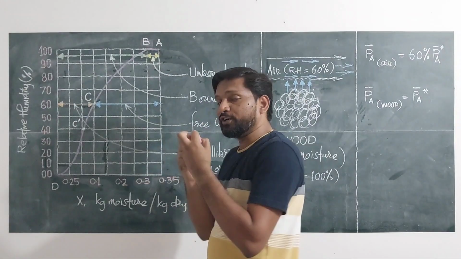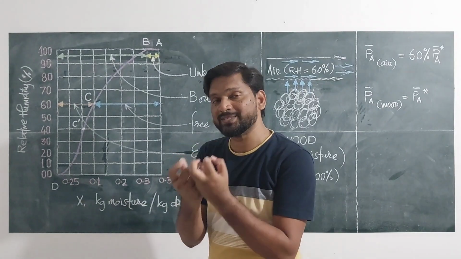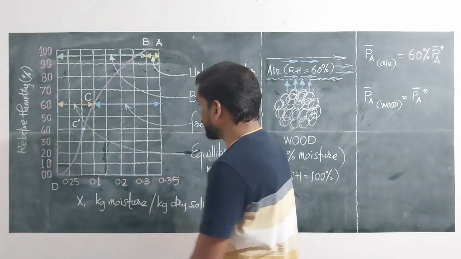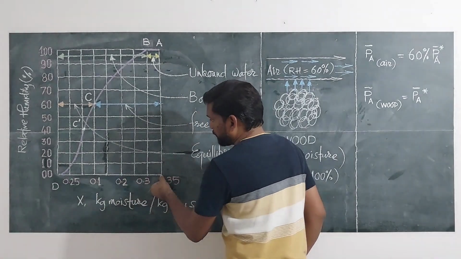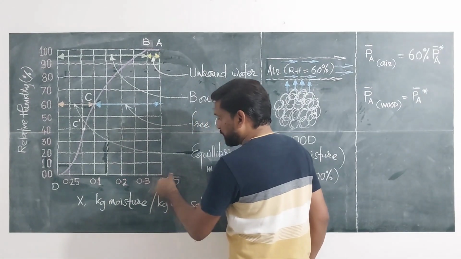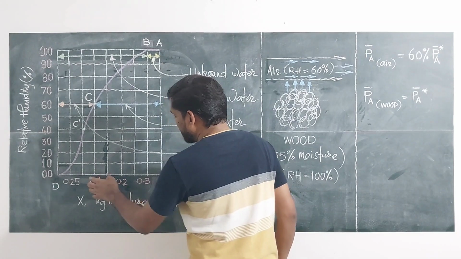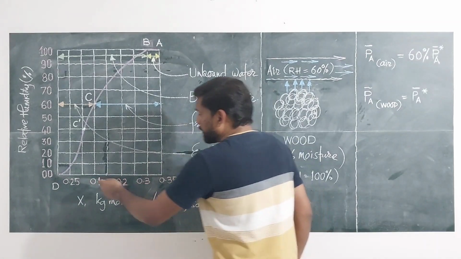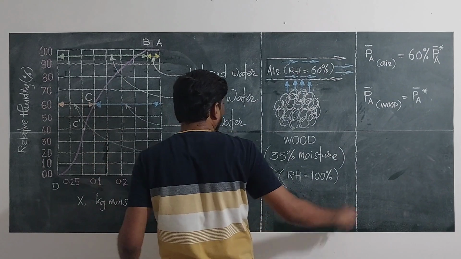So whatever moisture we will be able to remove by using 60% relative humidity air is only up to this, from 0.35 to 0.1. Only this much moisture we will be able to remove. The moisture still remains at this point in the wood.